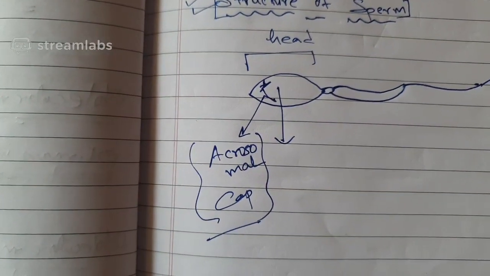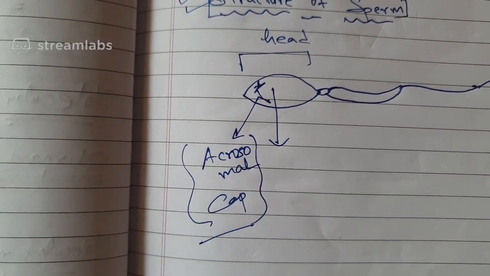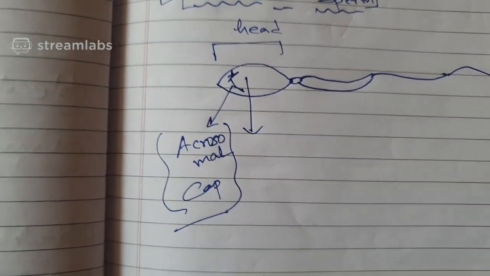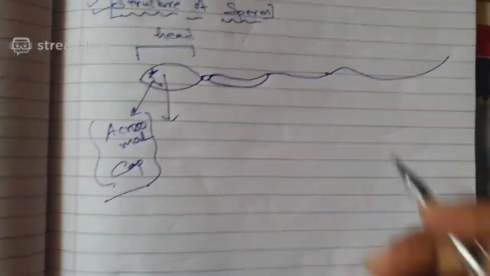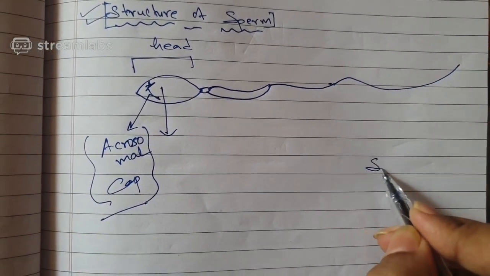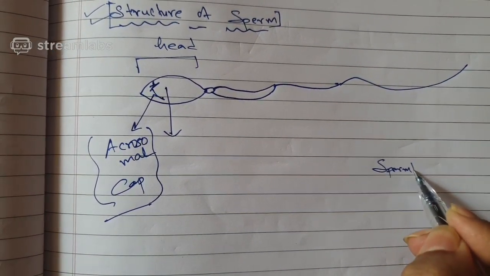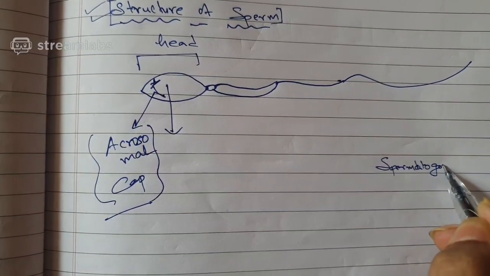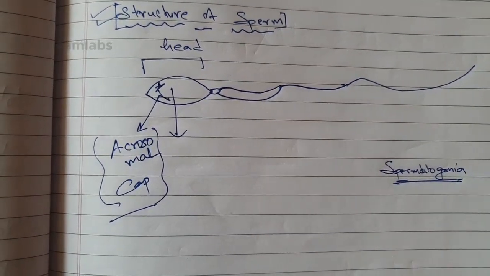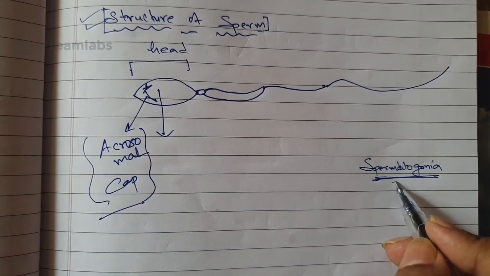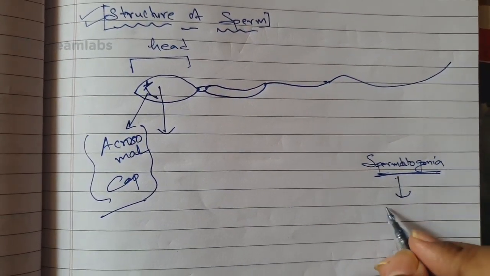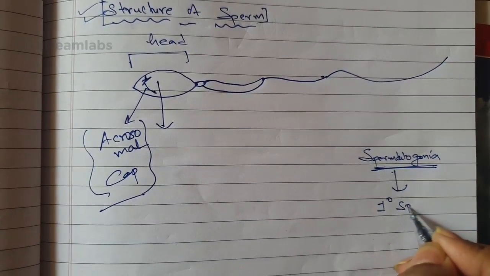The spermatogonia, which is in the basement of the seminiferous tubule, developed into primary spermatocyte, then secondary spermatocyte, and then it forms spermatid.